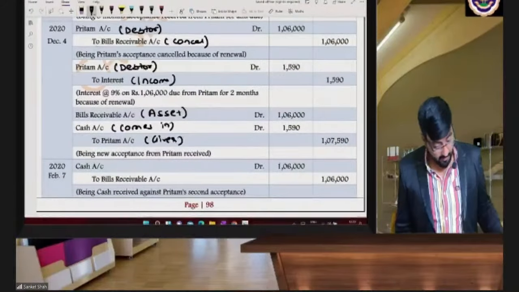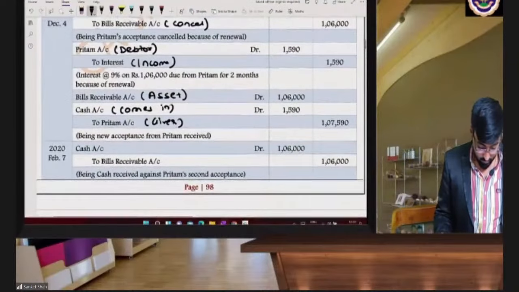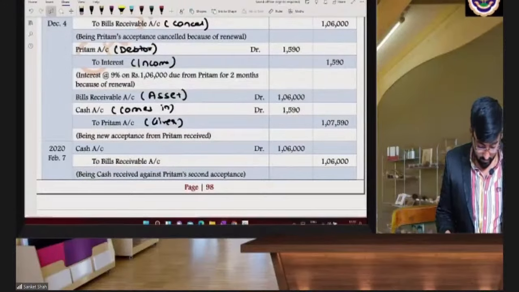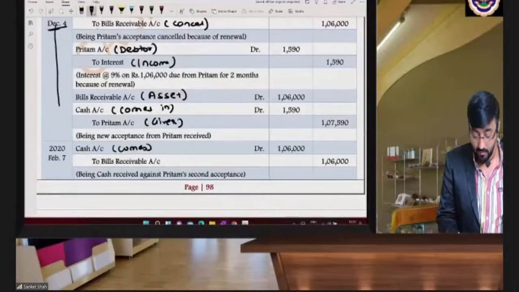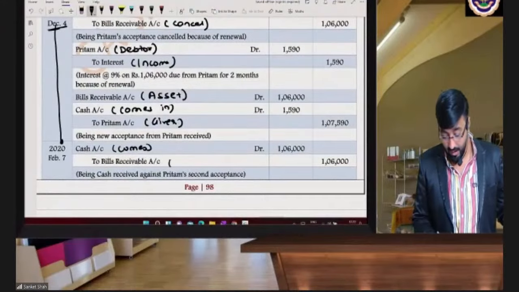Now Pritam is a giver. And last entry on due date, Pritam paid after 2 months. So December to February, cash comes in and again asset gets cancelled.